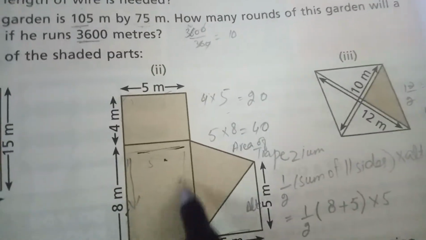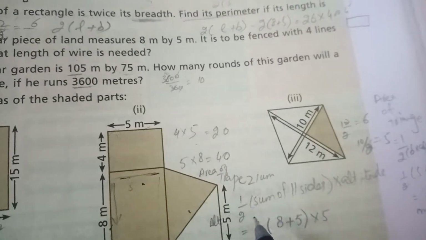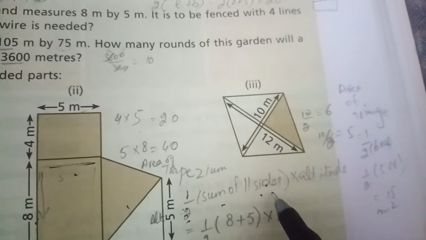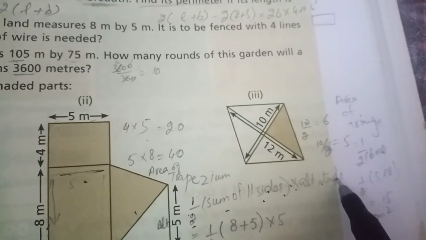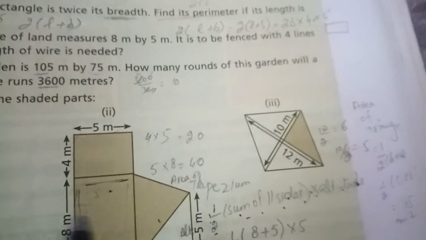This is a trapezium. What is the formula for finding the area of a trapezium? It is 1 by 2 times the sum of its parallel sides multiplied by its altitude. These are its parallel sides.